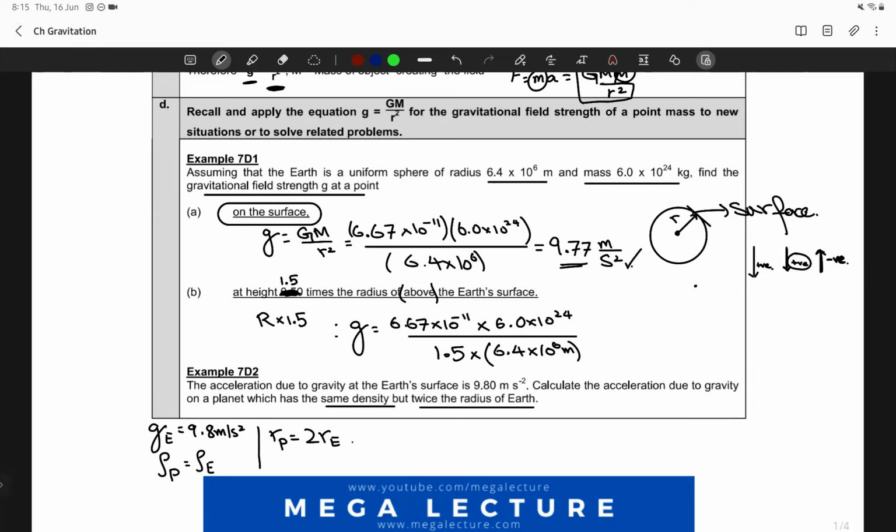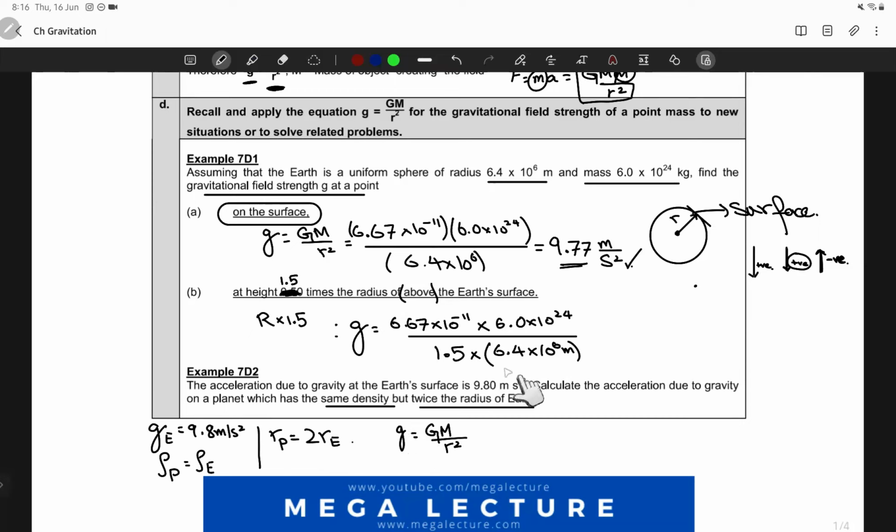What we can do is write down the expression for acceleration due to gravity, which was GM over r squared, right? Now let's try to find a ratio between the acceleration due to gravity on this planet and the acceleration due to gravity on the Earth.